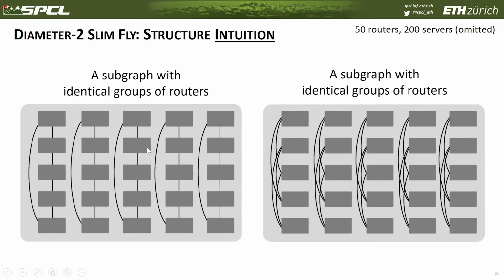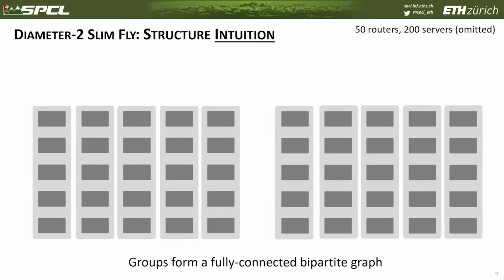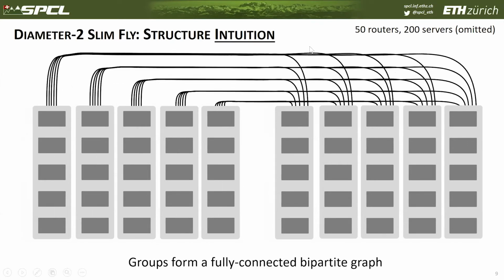We are grouping these identical-pattern groups on the left and on the right side. There are no cables between routers of the same intra-wiring type, but there are a lot of connections across this partition, right? So these groups are connected very, very densely across this division. These groups actually form a fully connected bipartite graph.